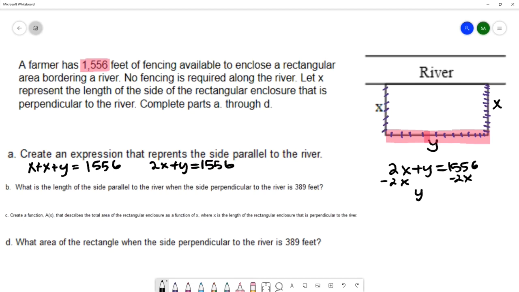That would give y equals 1,556 minus 2x. So that is the expression that we're going to use for this side. 1,556 minus 2x. So that's our answer to part A.